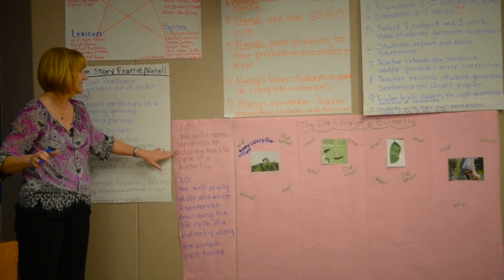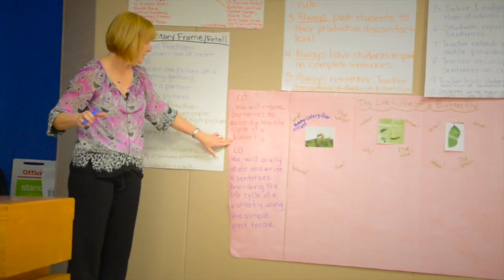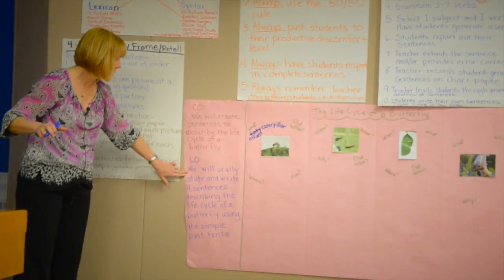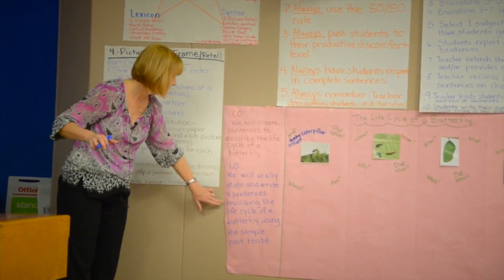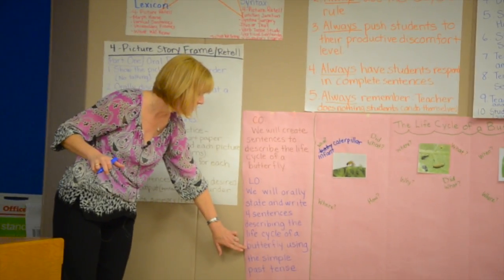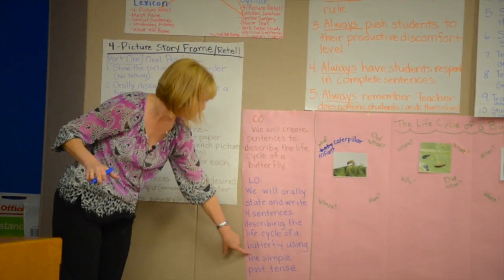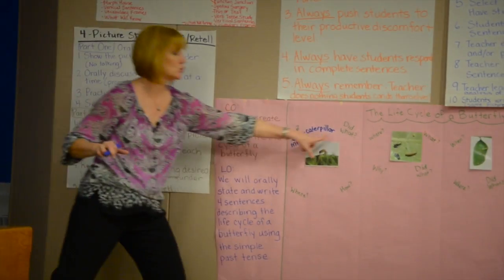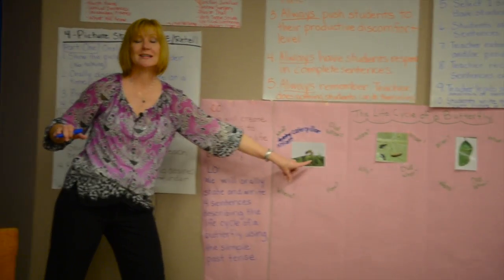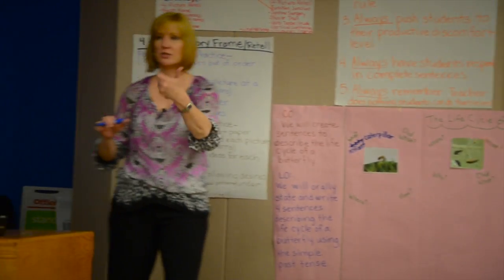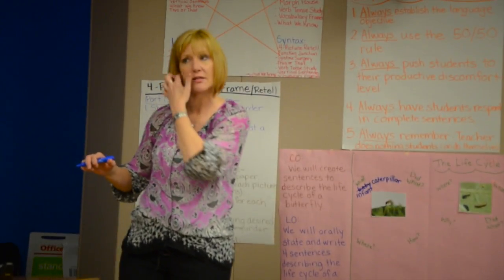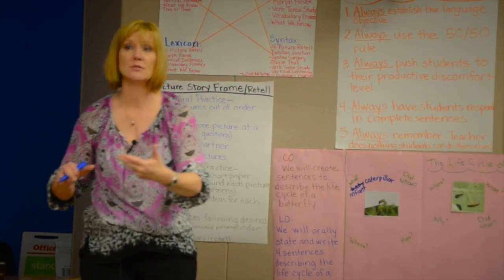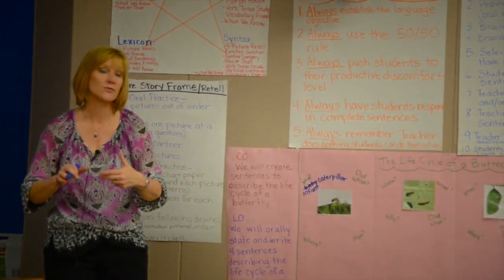Okay. We will create sentences to describe the life cycle of a butterfly as the content. We will orally state and write 4 sentences describing the life cycle of a butterfly using the simple past tense. So, you know what, I should have been using that in our conversations. As you were giving me verbs, I should have been using them in the past tense to help reinforce that.